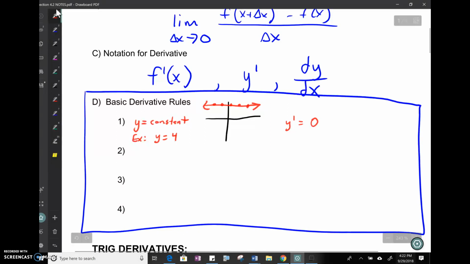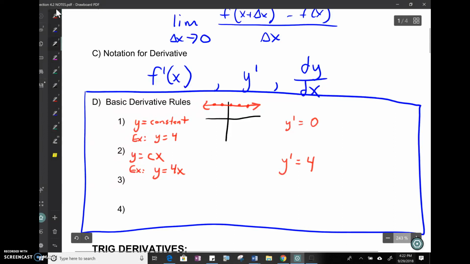Okay? Next rule. If you have y equals a number and then x, an example, just so it looks more normal, is y equals 4x. If you ever need to find the derivative of a linear function like this, just with a slope and an x, the derivative is always going to be equal to whatever that number is.